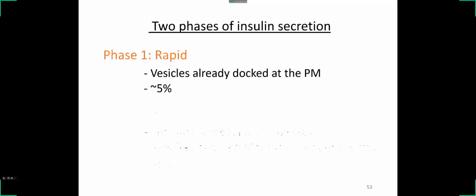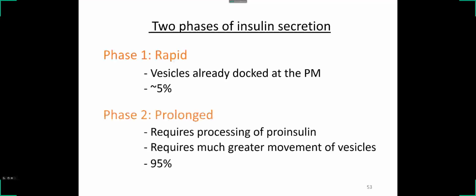The second phase is prolonged secretion, and this requires processing of proinsulin, which requires much greater movement of vesicles. So this is about 95% of secreted insulin. And remember, from what we talked about yesterday, it takes time to make proinsulin and to process it. You've got to have all those cleavage events.